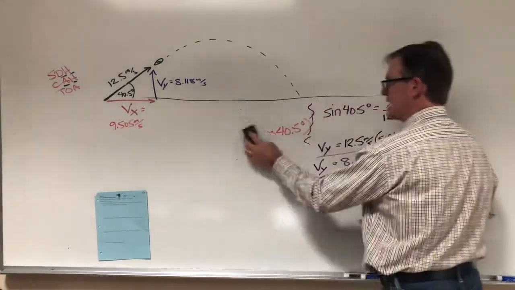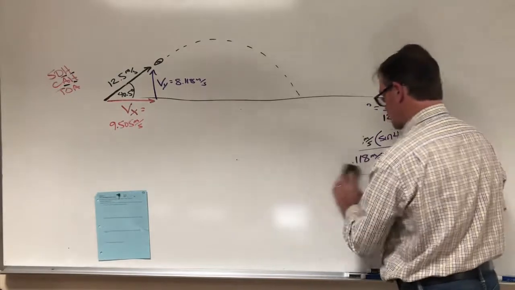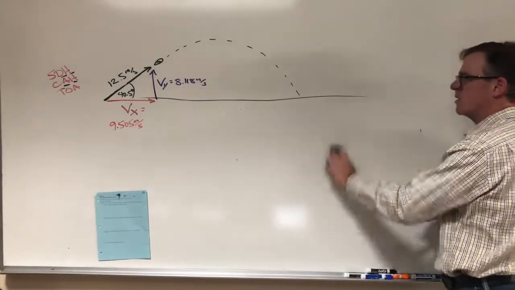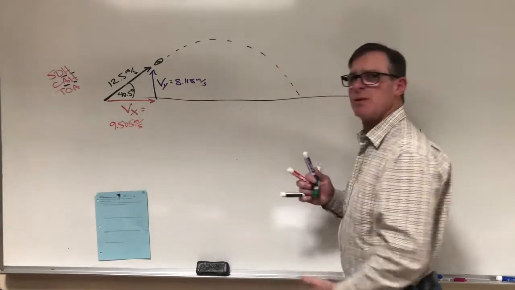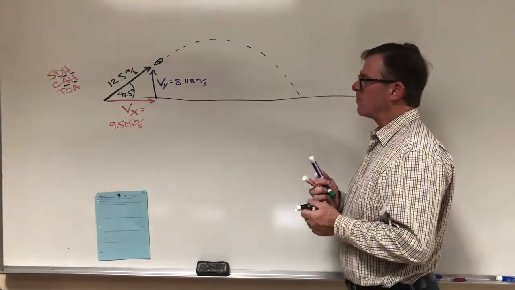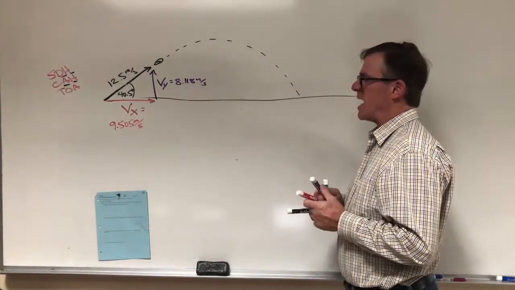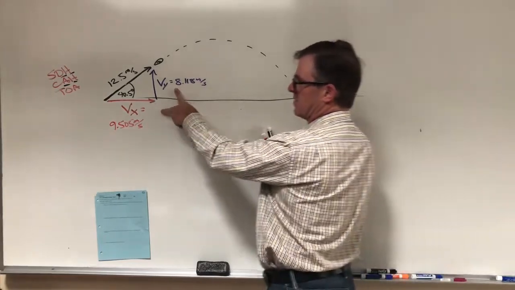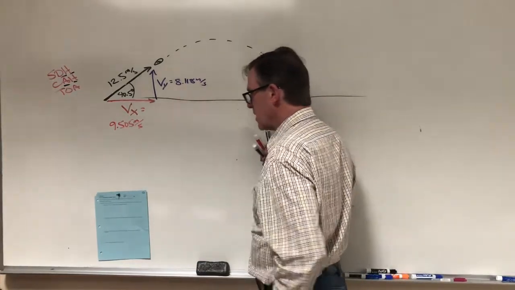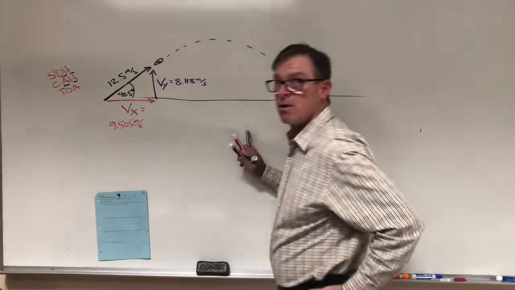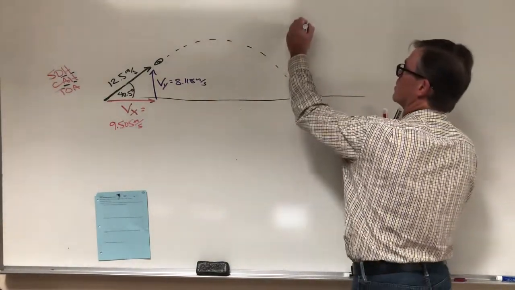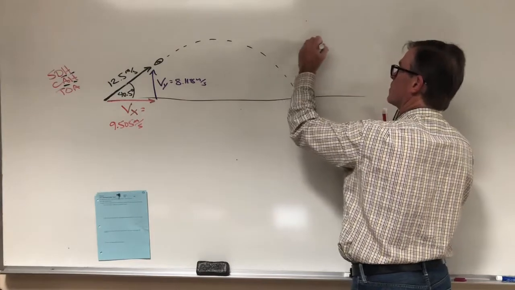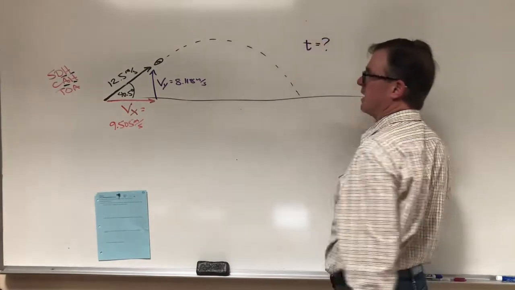Why did we break it down? Sometimes physics teachers say that's breaking the vector down into its x and y components. But why did we do that? Well, the first question that we're asked to find after we're asked to find the two components, which we just did, is how long is the football in the air? So we want to know time of flight, total time of flight.